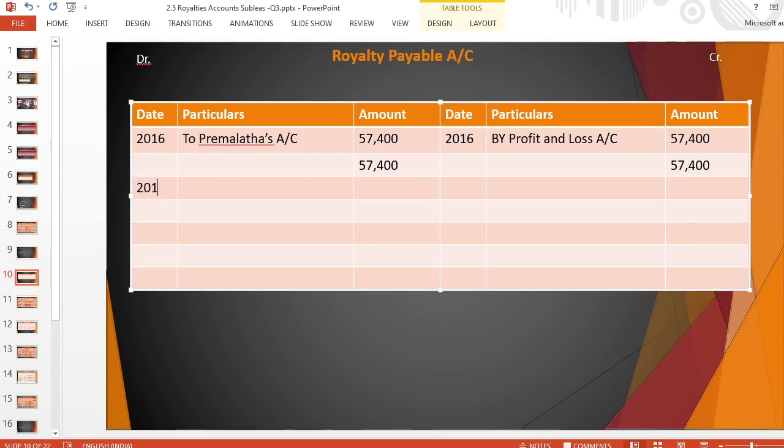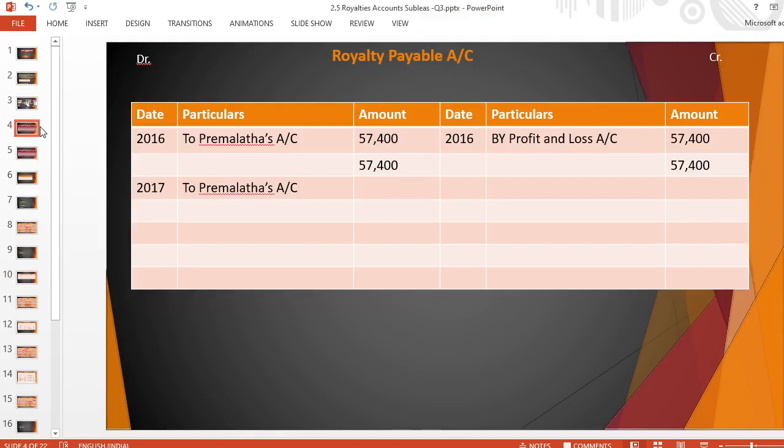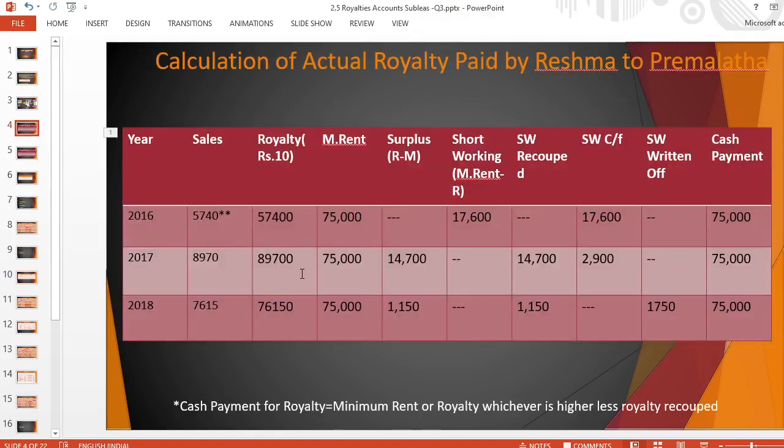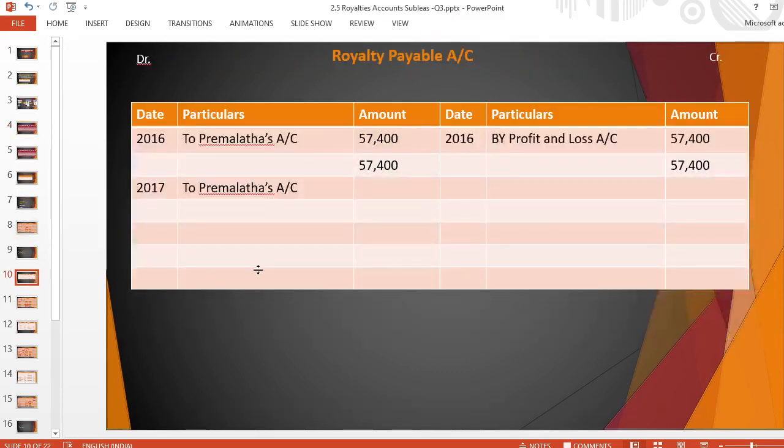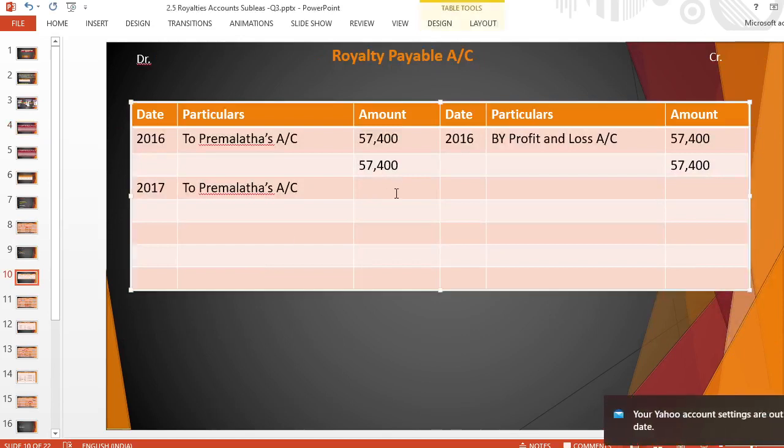So for the year 2017, I repeat the transaction. Royalty payable account debits to lessor's account, that is Premalata's account here. Then I'll check the royalty due for the second year, 89,700. I'll record 89,700 here, and on the credit side 2017.